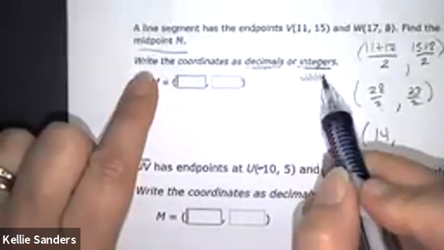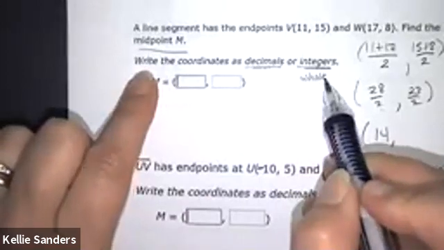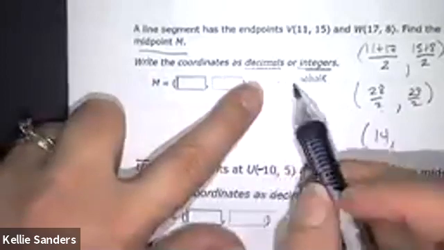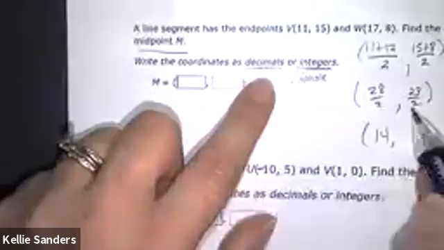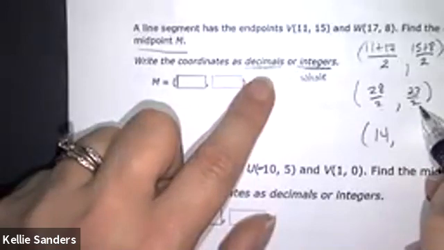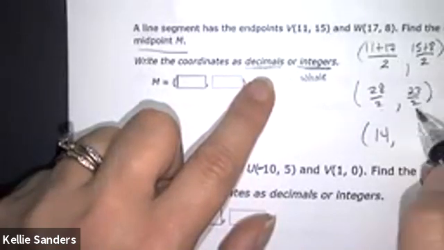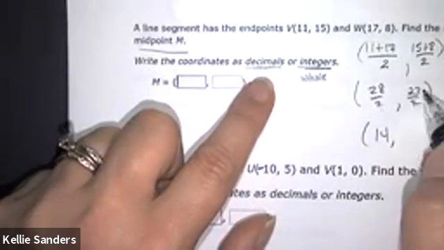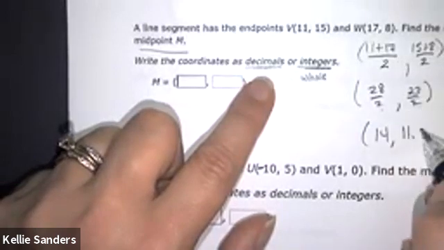Integers are whole numbers or the negative whole numbers. So it's not asking for fractions. It doesn't want any fractions. So we're not going to leave it 23 over 2. So 2 goes into 23 11 times with 1 left over, and 1 over 2 is a half.